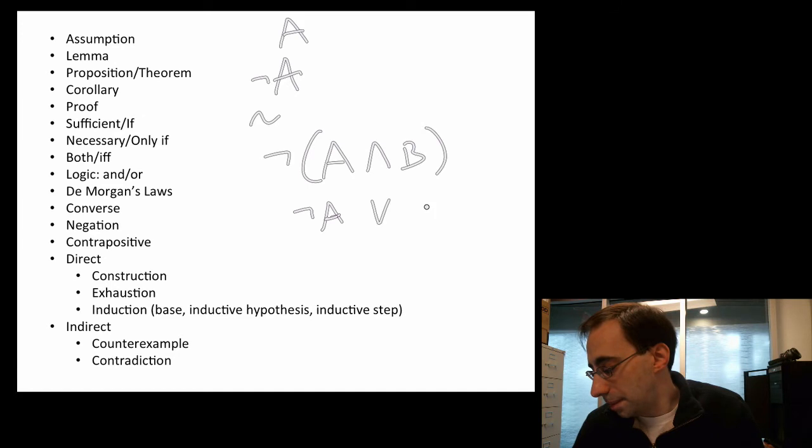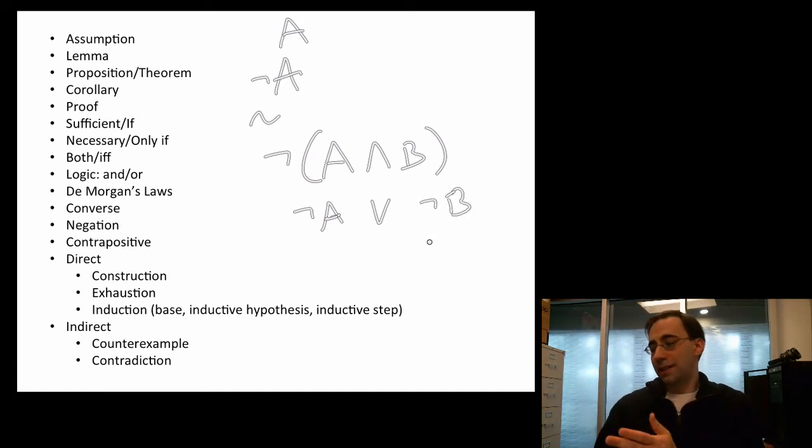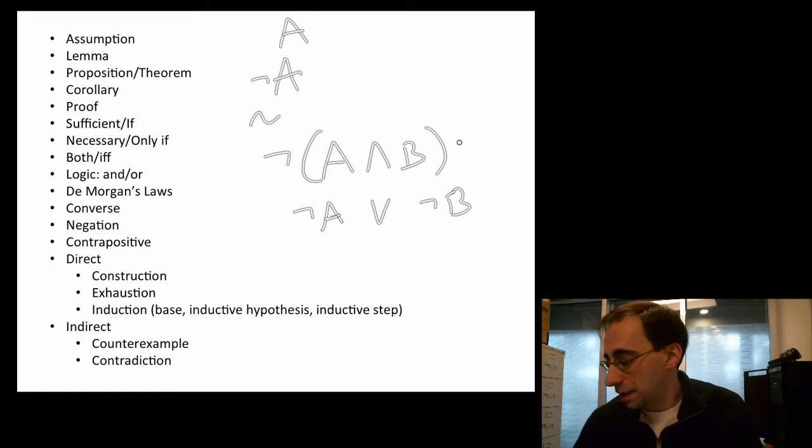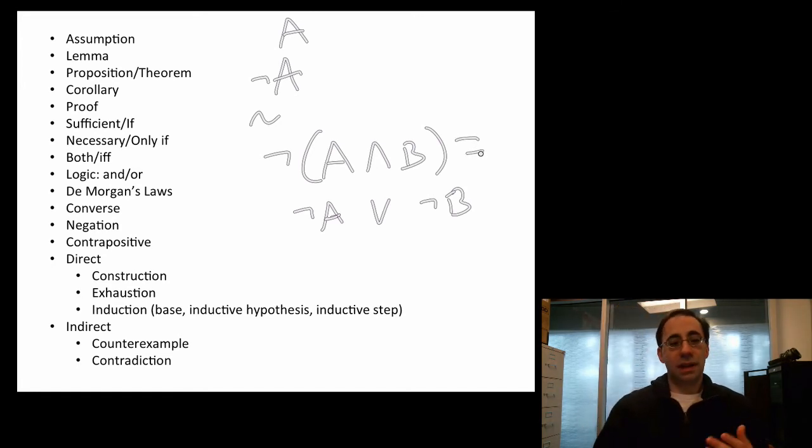And if not B is true, that's also not true. So not A and B means not A or not B. If one of A or B isn't true, then the and is also not true.